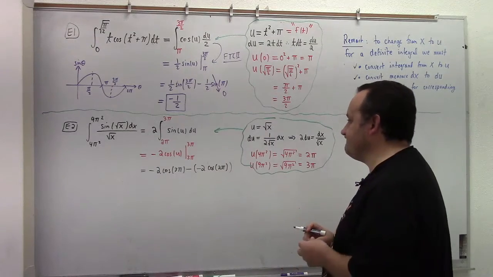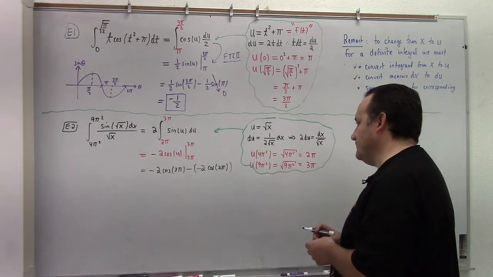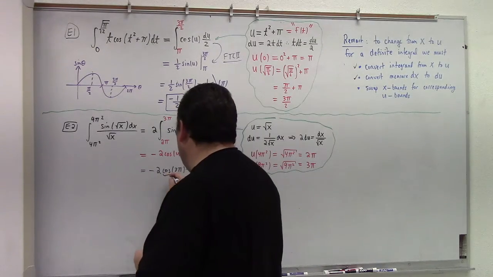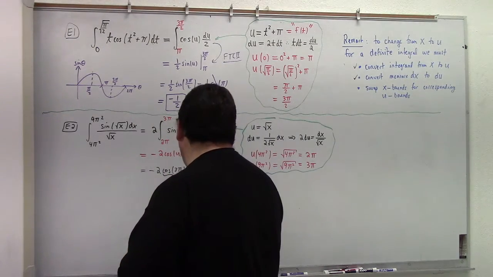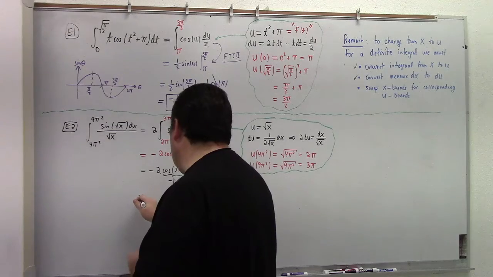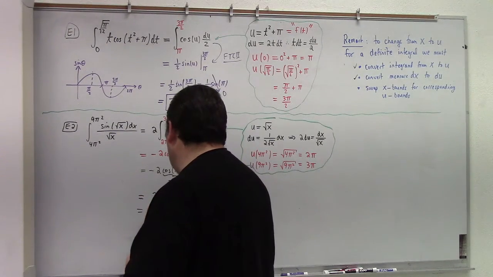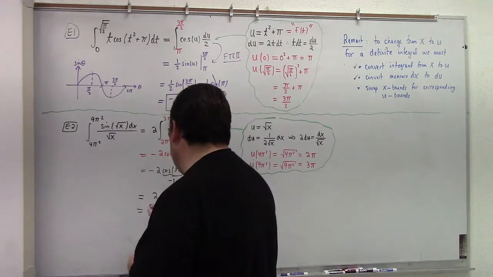And cosine of 3 pi is minus 1. Cosine of 2 pi is 1. So that gives you 2 plus 2. In other words, the answer is 4.